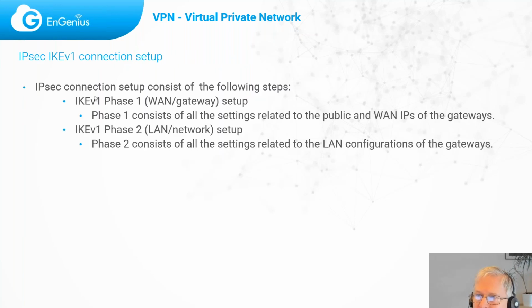So with the connection setup, I'm going to discuss mostly V1 because it's a little bit simpler, and if you know how that works, V2 is not that much harder. So for V1, you have two steps. First, you do phase 1, which is about everything on the internet side of your device, and you create an encryption key for that.